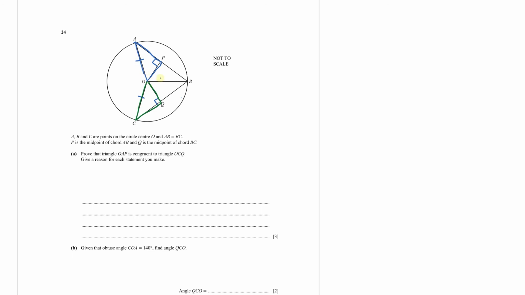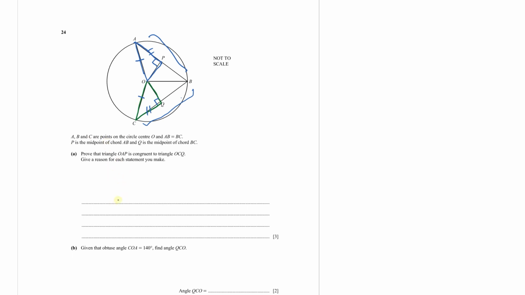Length AP and length CQ will be equal as well, because we are told that AB and BC are equal in length. So length CQ is half the length of BC and AP is half the length of AB, so half of their lengths will be equal as well. So we can use the RHS property.